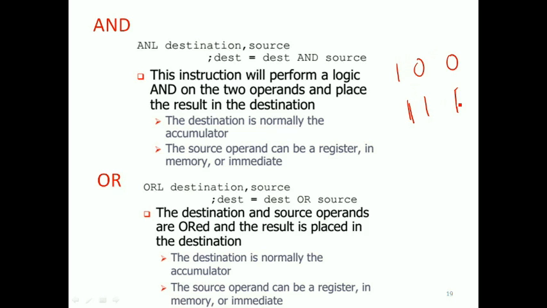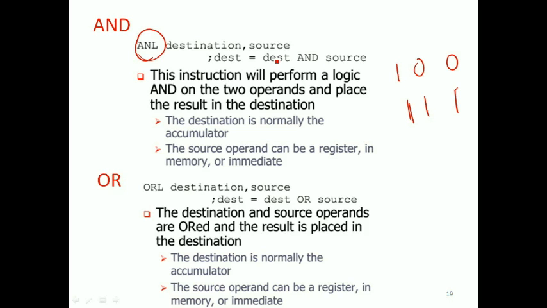For the AND operation, you have the mnemonic ANL. ANL means AND logic, with destination and source registers. The destination register is normally the accumulator. The source register can be immediate data, a memory location, or a register content.